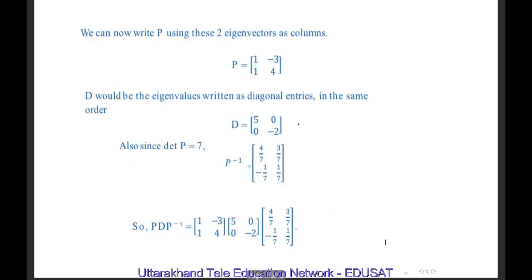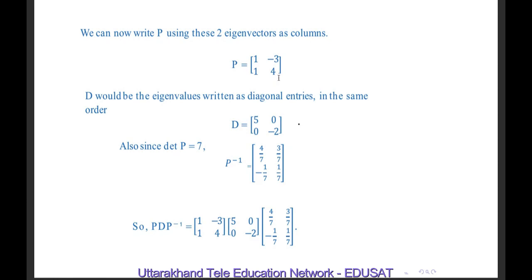Now we will write the matrix P corresponding to these eigenvectors. In the first column, we will write the eigenvector corresponding to the first eigenvalue, which is lambda equal to 5, and in the second column we will write the eigenvector corresponding to lambda equal to minus 2. So P is equal to [1, minus 3; 1, 4].